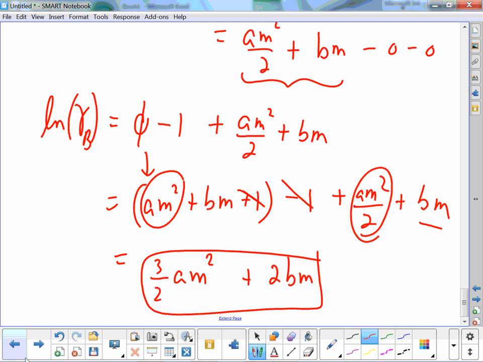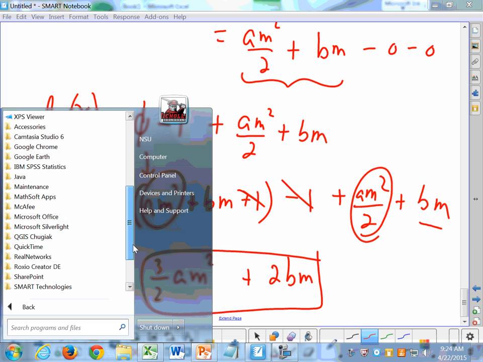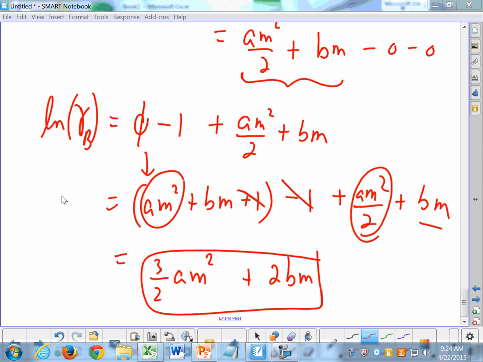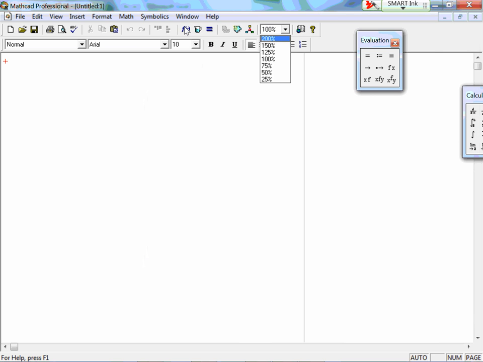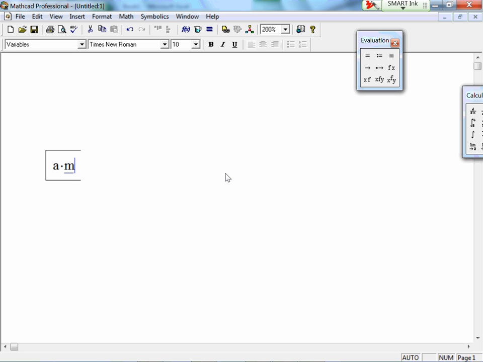Okay, let's verify that with MathCAD. MathCAD, where's MathCAD? So you need the integral. So you have a times m raised to the power 2 plus b times m plus 1. Okay, that's your phi. Right? Okay, and then minus 1, right?